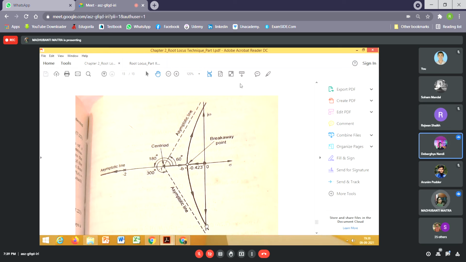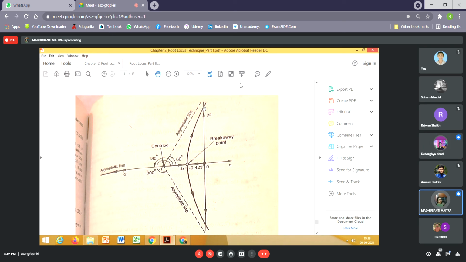We have already studied the stability criterion. So we observe that this is the value of gain k. At this point, the value of gain k will be the limiting value. Why?